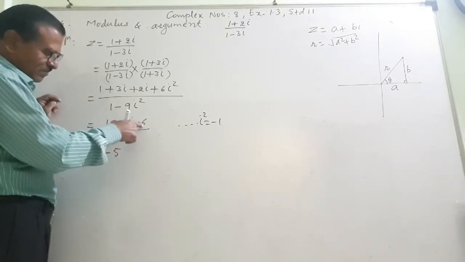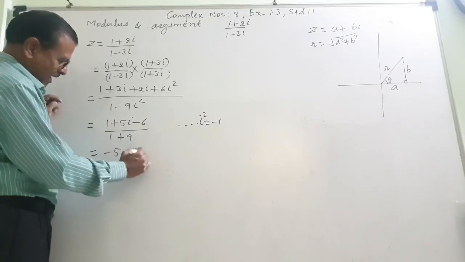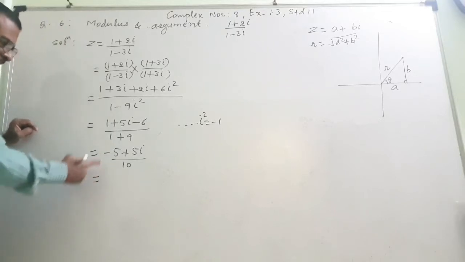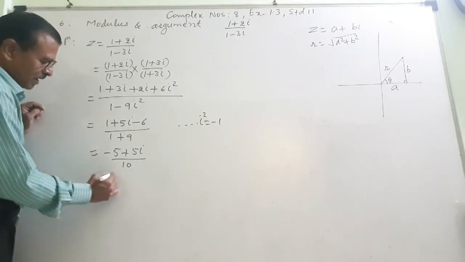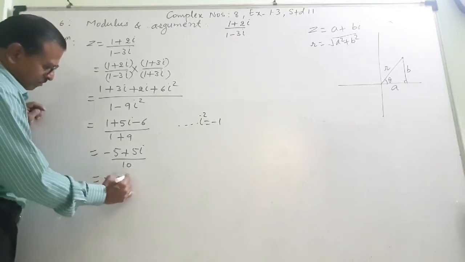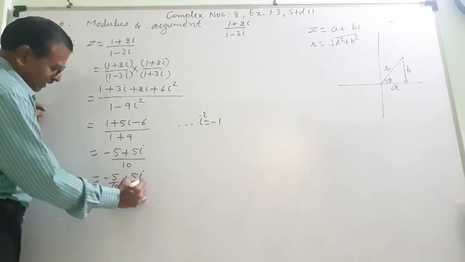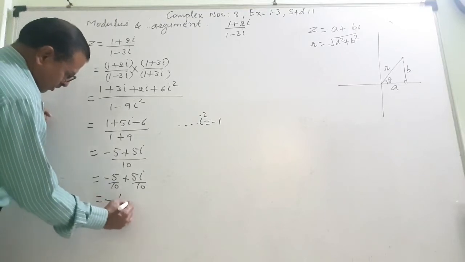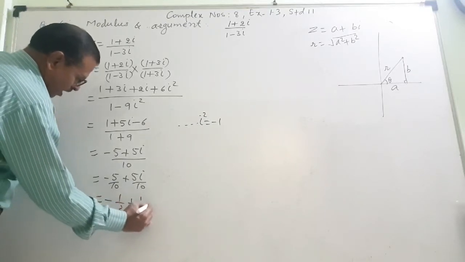This is 1, this is minus 6, plus 5i upon 10. So I will divide by 10: minus 5 upon 10 plus 5i upon 10. So that is equal to minus 1 upon 2 plus 1 upon 2 i.